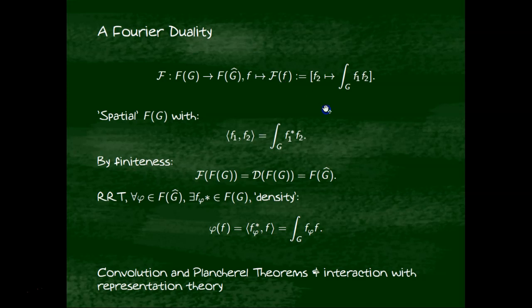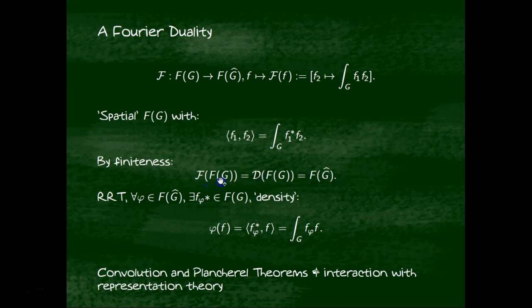Because the Haar state is faithful, you can define an inner product on this. I suppose we could have done it way back in our diagonal matrix representation, but we do it here. Because of finiteness, I've got a little bit of cheating here. This should probably be VG dashed to say it's the dual, or maybe VG star, whatever.